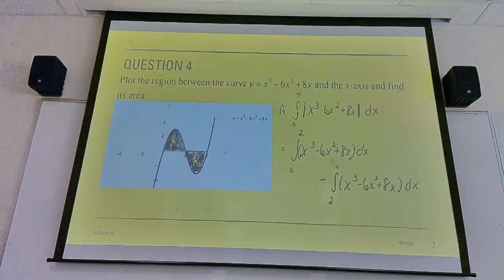I could also use symmetry here and say that those two areas are equal. So it's really just twice the first area. But let's say we're not 100% confident that it's symmetric. Better safe than sorry.